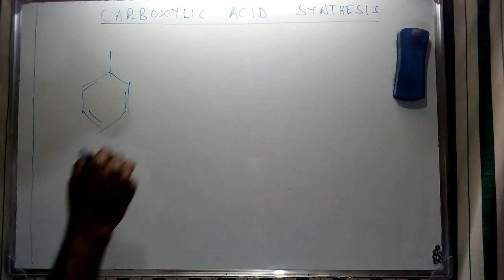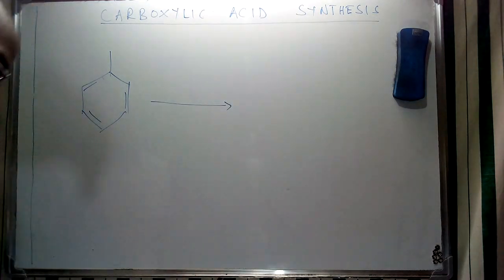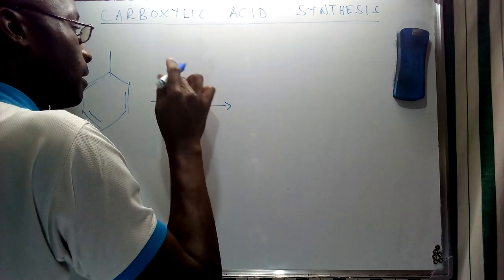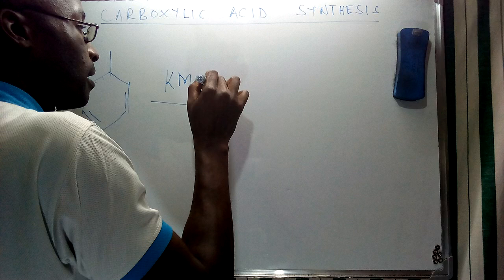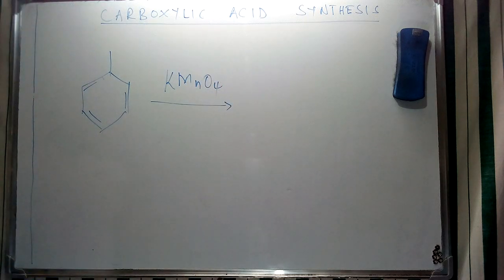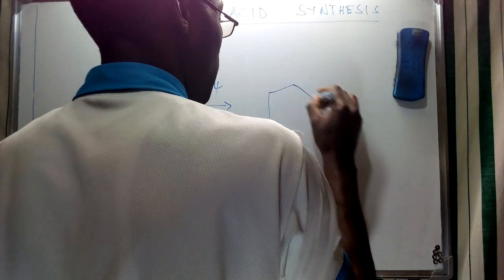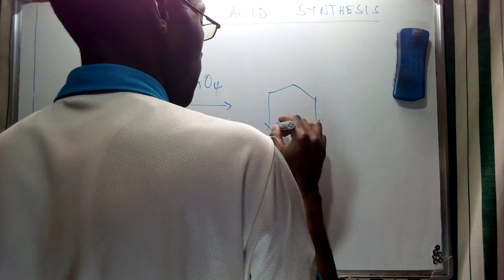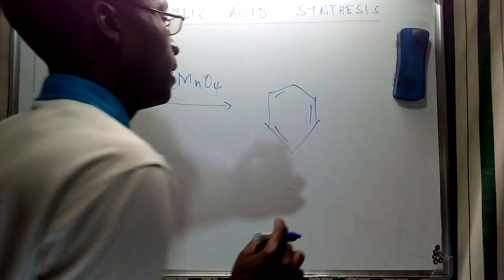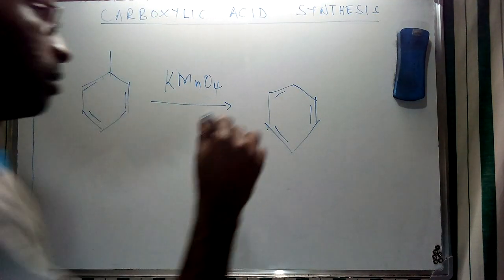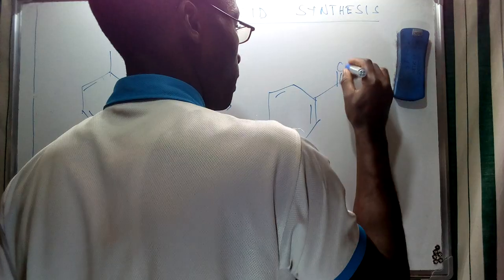So this one is going to undergo oxidation, and in this case we are also still going to use potassium permanganate, and that is going to assist us to achieve this specific product of carboxylic acid, represented using this specific product.